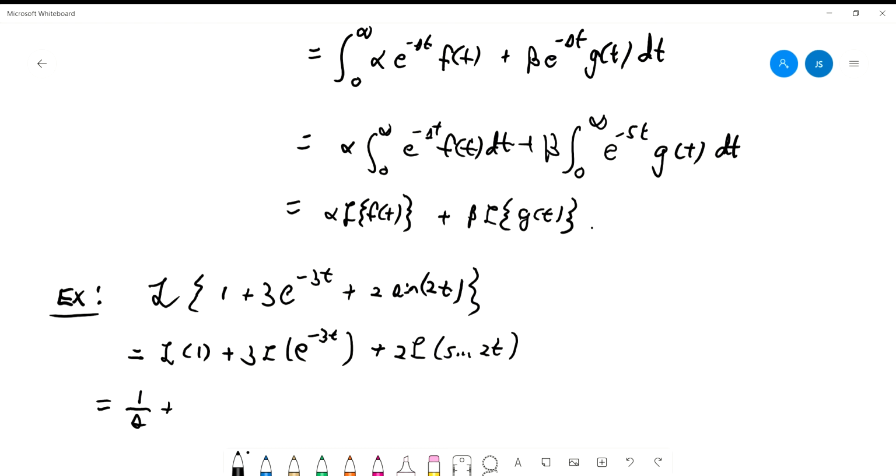So that's plus 3 over s plus 3, and 2, and the Laplace transform for sine of 2t was 2 over s squared plus 4. And for the first one and last one, s has to be greater than 0. For the second one, s has to be greater than -3. For all of these to make sense, s has to be greater than 0.